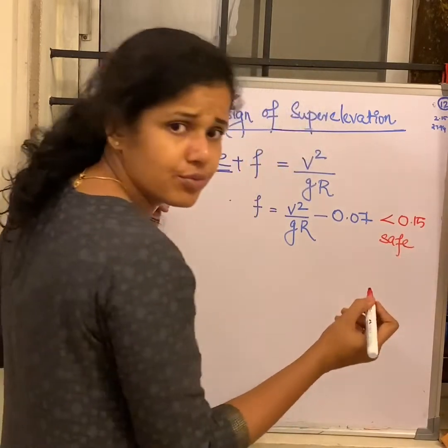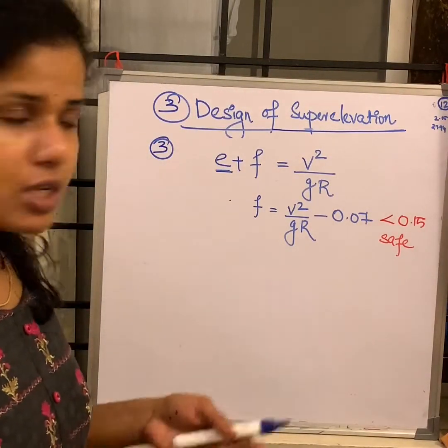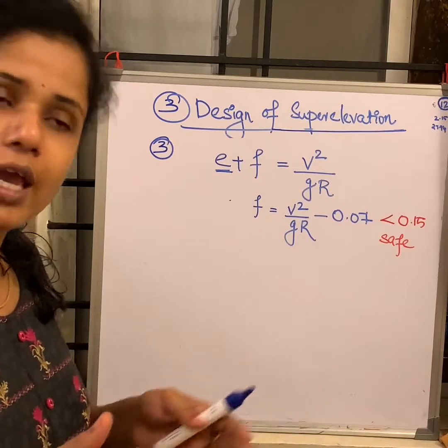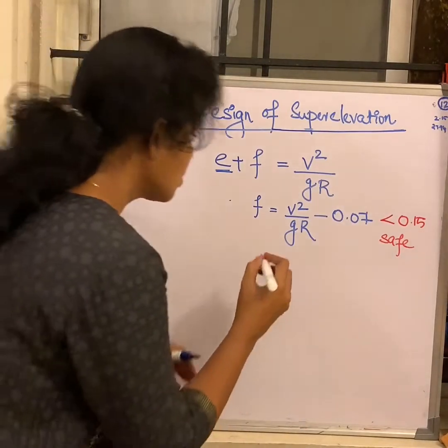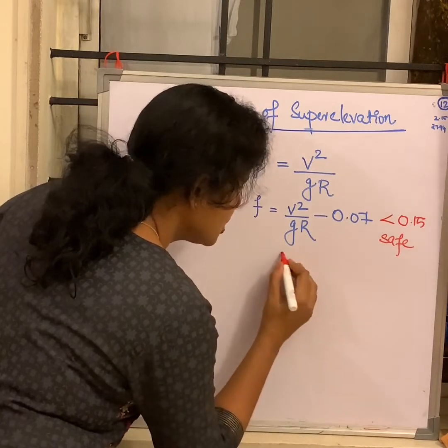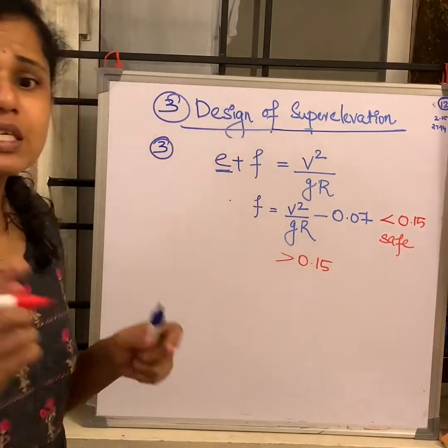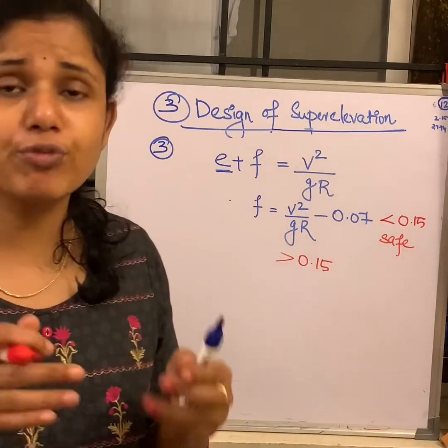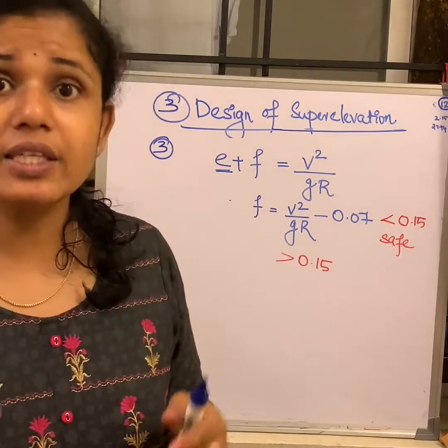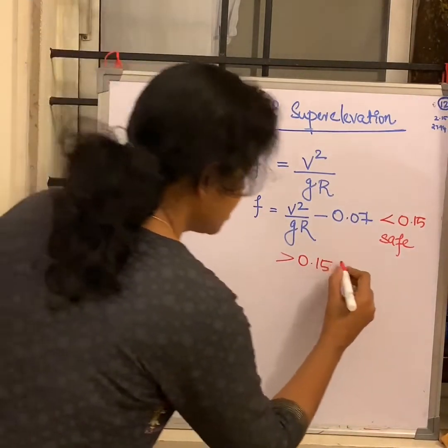You are safe, because you are getting enough coefficient of friction which is able to counteract the centrifugal force. Or if you are getting an F value which is greater than 0.15, that means it is asking for a coefficient of friction higher than what you can provide. So that means it's an unsafe condition.